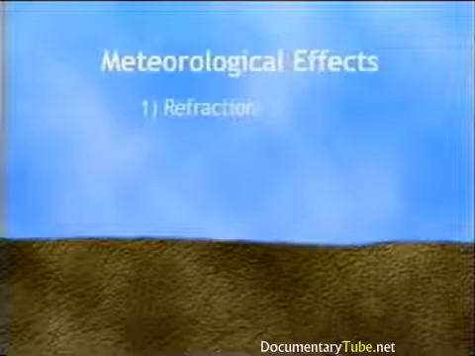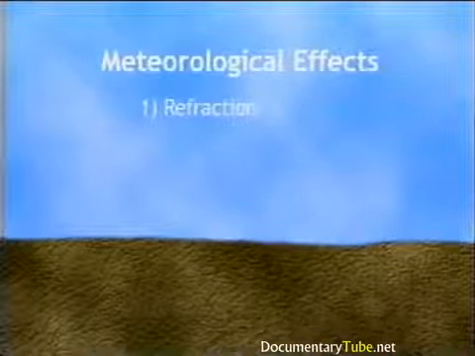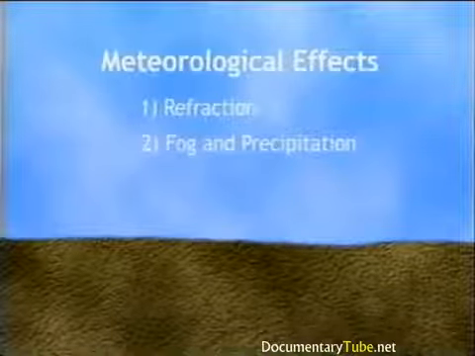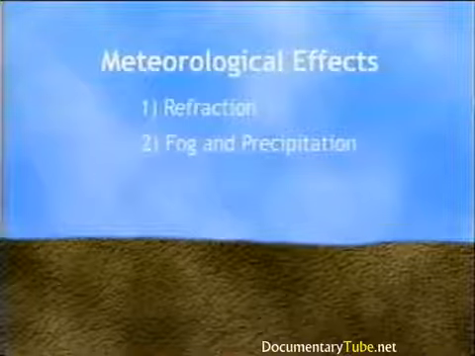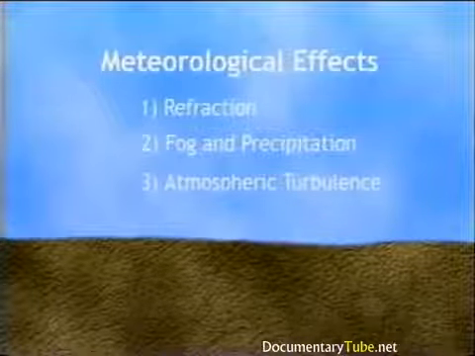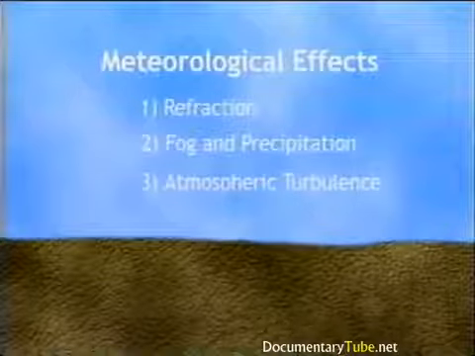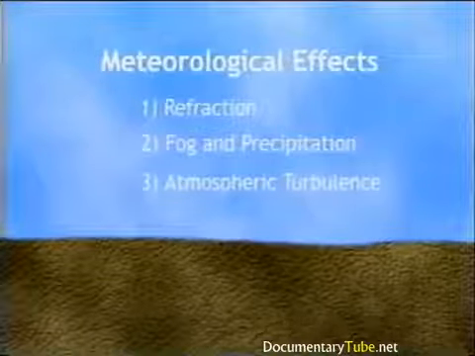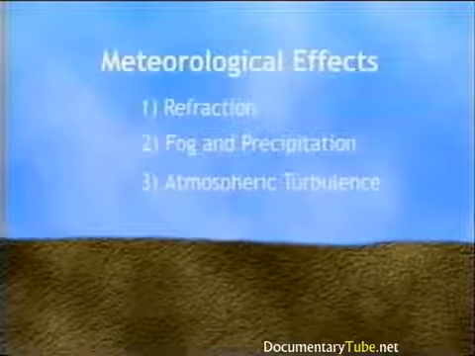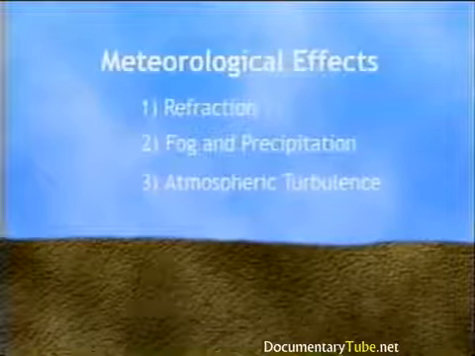As for some other meteorological conditions, effects of fog and precipitation are generally negligible. On the other hand, atmospheric turbulence, which can be generated by moving vehicles or heated pavement, could potentially cause fluctuations in received sound levels or can reduce soft ground attenuation, the next topic of discussion.